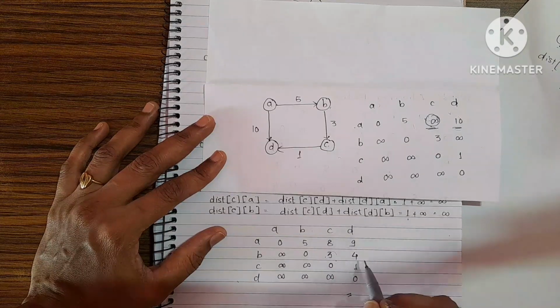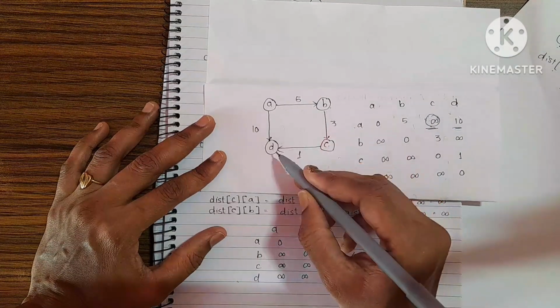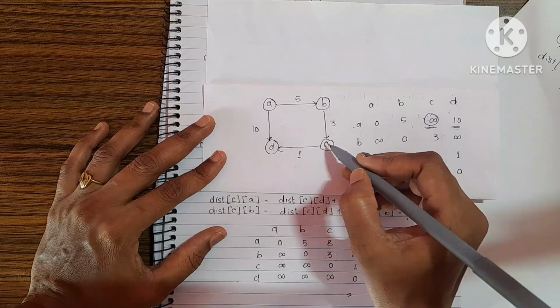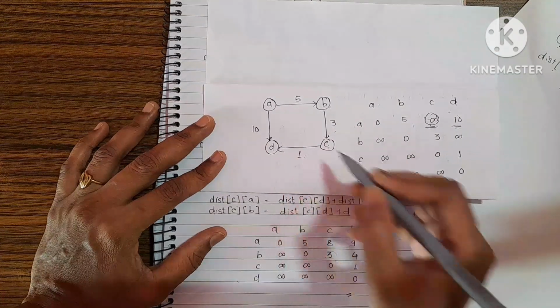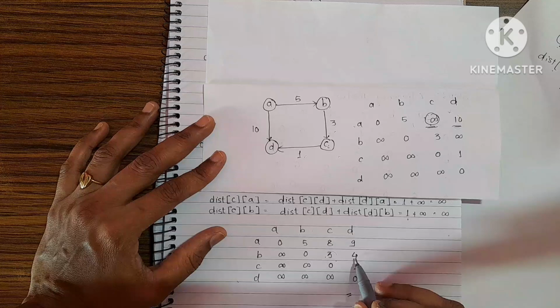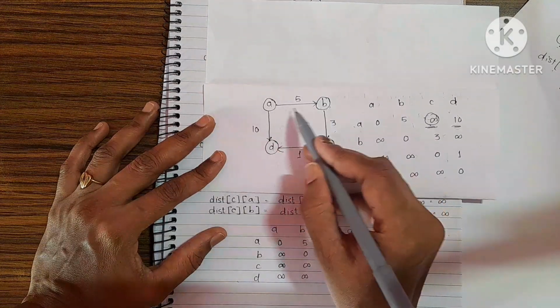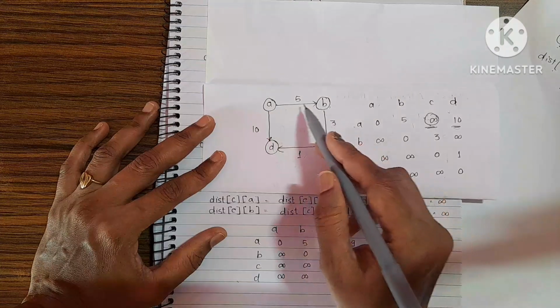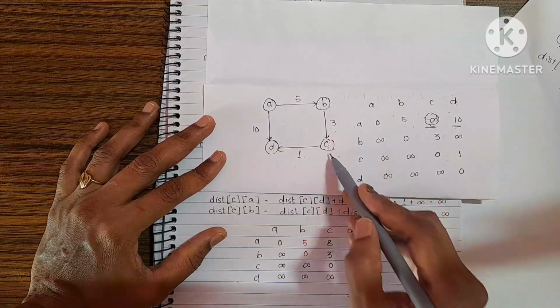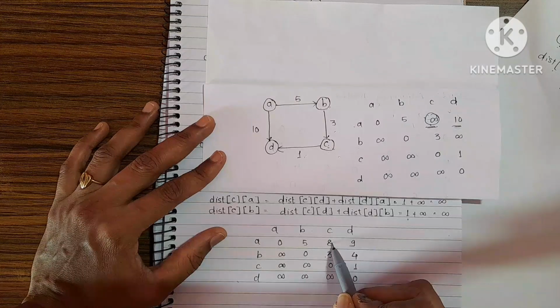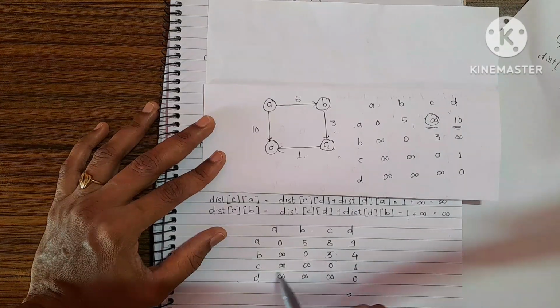If you consider BD, then this is the shortest distance, B to C, C to D, that is 3 plus 1, 4. If you consider AC, then B is reachable from A and C is reachable from B. 5 plus 3 is 8. AC distance is 8. Any pair you may choose and you may confirm this result.